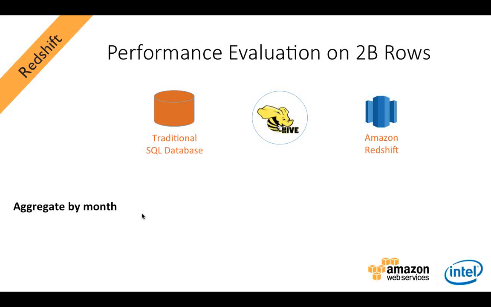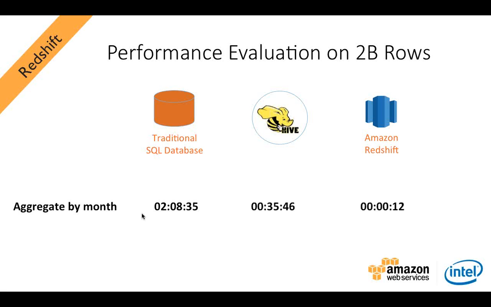So they loaded up 2 billion rows into each of those technologies, and they ran a fairly simple query but quite an intense query, which is basically read those 2 billion rows and do an aggregation for me by month. And what they found there was that ran just over 2 hours in their traditional database, about 35 minutes in Hive, and about 12 seconds in Redshift.